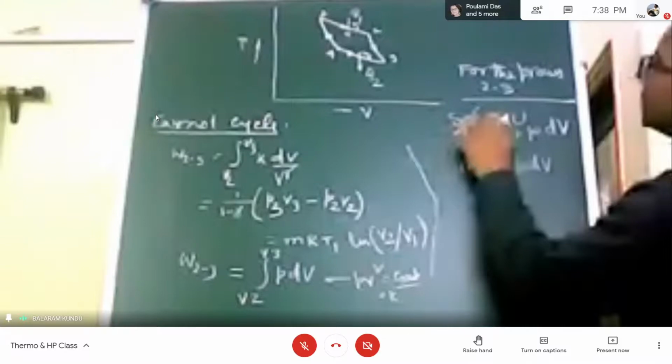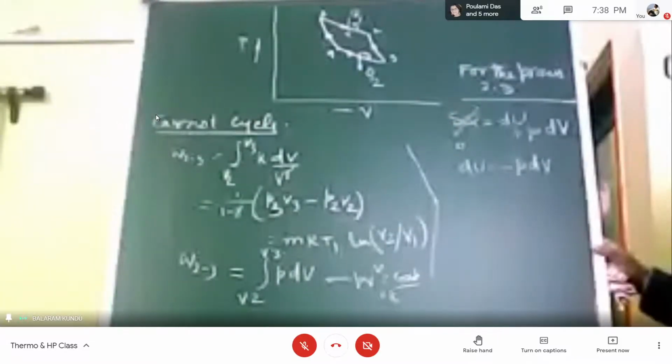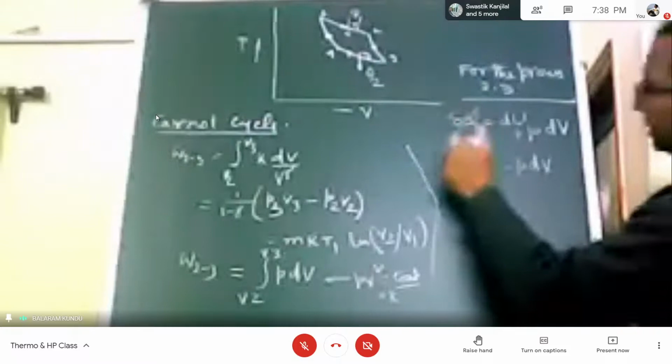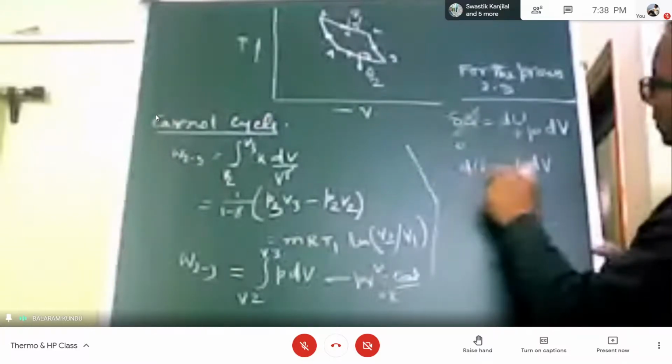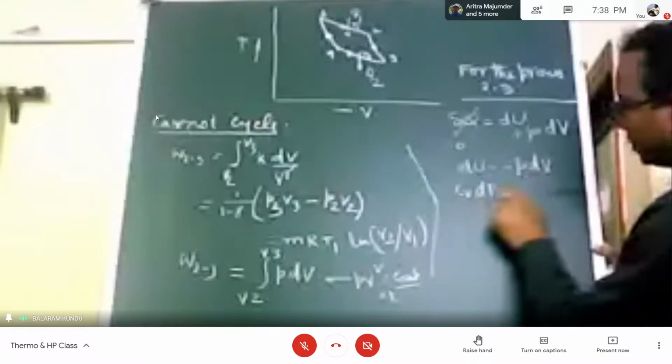If we consider del Q equal to du plus PdV, and del Q equal to 0, that means du equal to minus PdV, so Cv into dT should be equal to minus PdV.